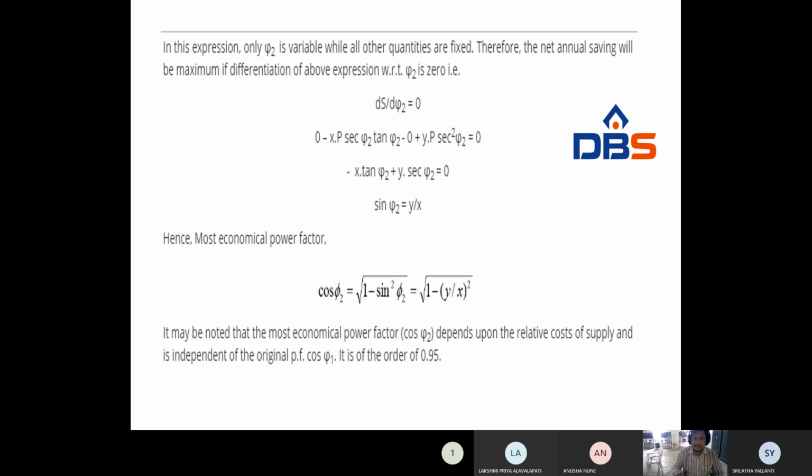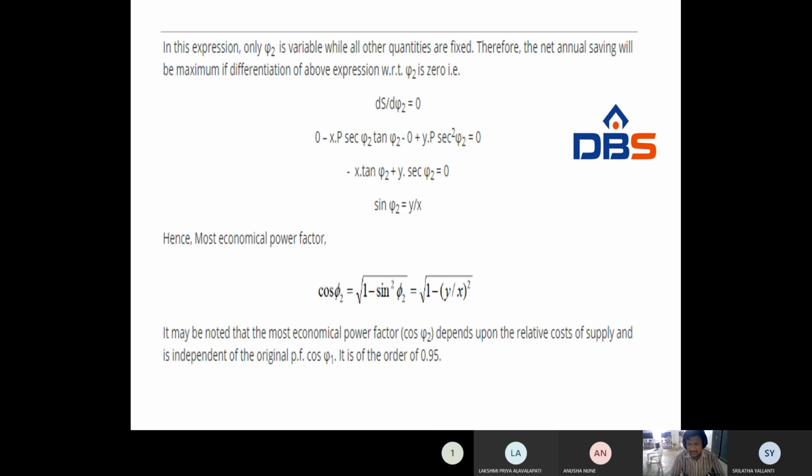In the above expression, only phi 2 is variable, and all remaining quantities are fixed. Therefore, the net annual saving will be maximum. To find the maximum value, you have to differentiate the above equation with respect to phi 2, so dS by d phi 2 equals 0. From that I get the condition sin phi 2 is equal to y by x.